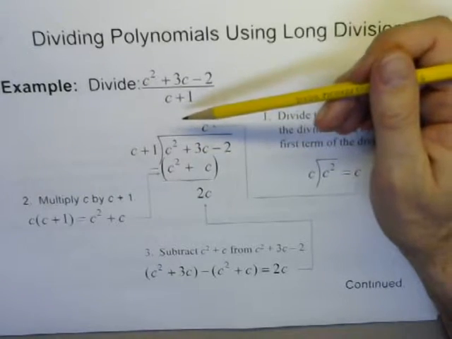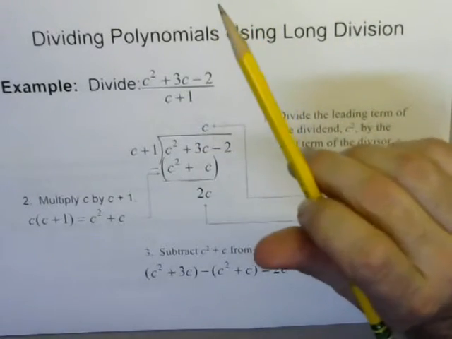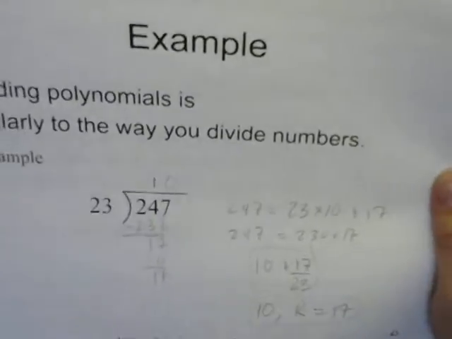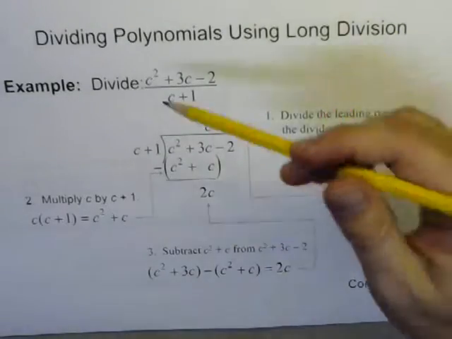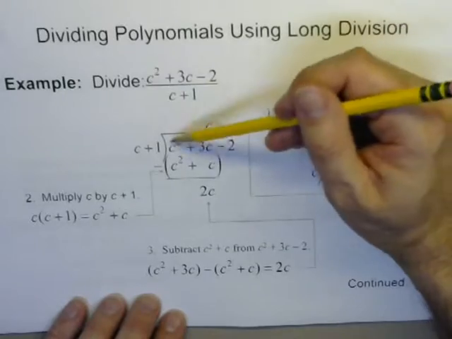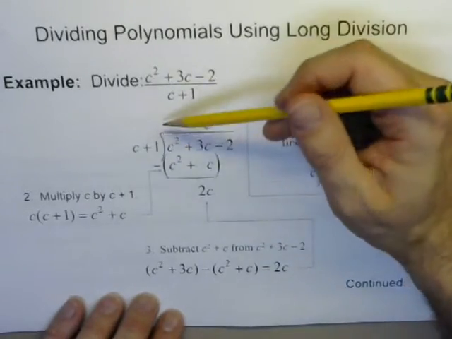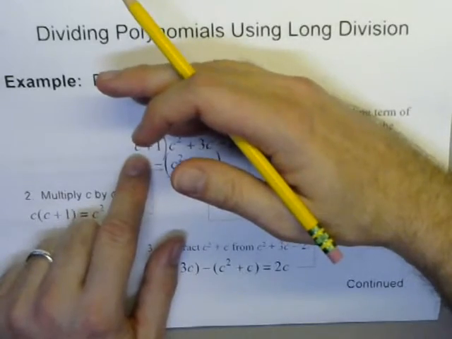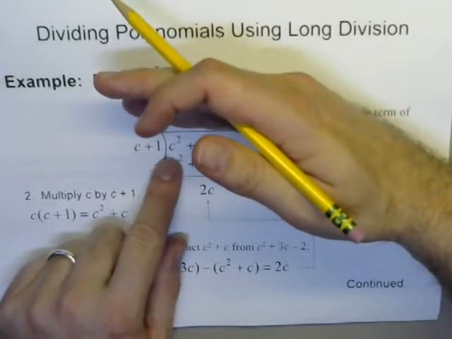Well, you do something very similar to what we did back here when we did this problem. The process is pretty much identical, but there is a little bit of a difference here. But basically what you do is you would want to write it in this form. So this is your divisor, this is your dividend, and I guess the way I do this is I start out by asking myself, what would I multiply this by to get the first thing here?